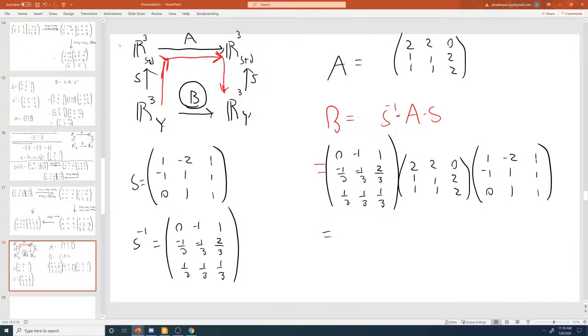And if we do that, well, I'm going to leave this matrix alone for the time being and multiply the other two.